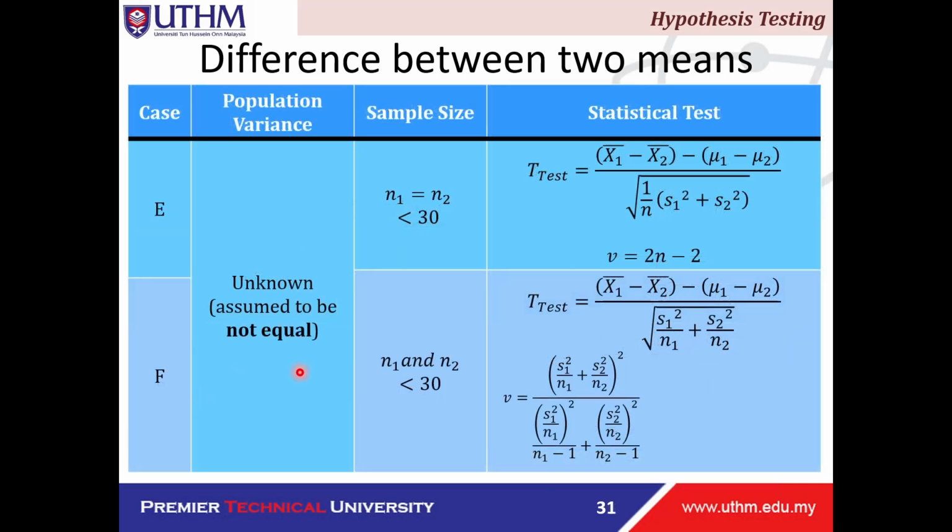If the population variances are not equal and the sample sizes are equal, you use this formula with n1 equal to n2, and nu is 2n minus 2. If the population variances are not equal and both sample sizes are less than 30, use the general formula, where nu needs to be calculated using this formula.